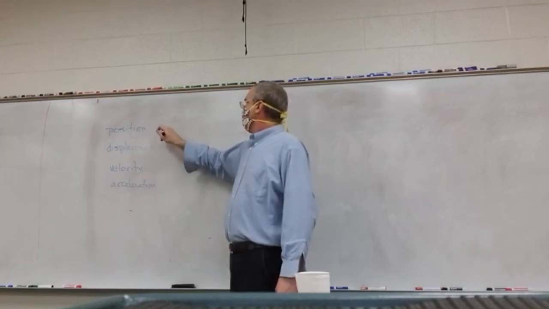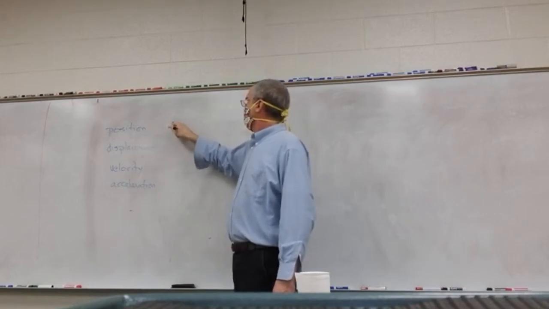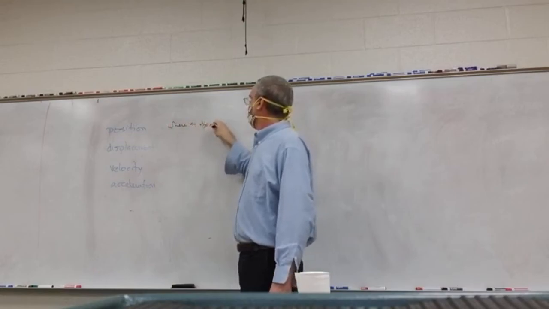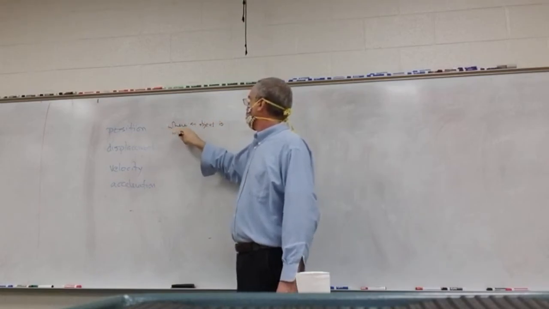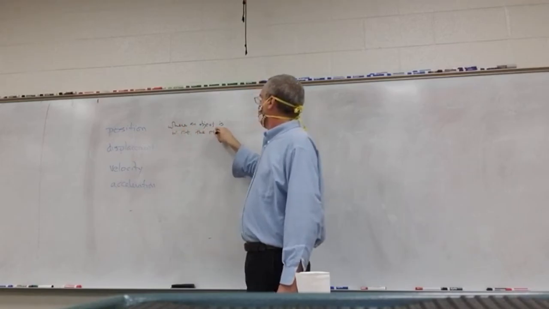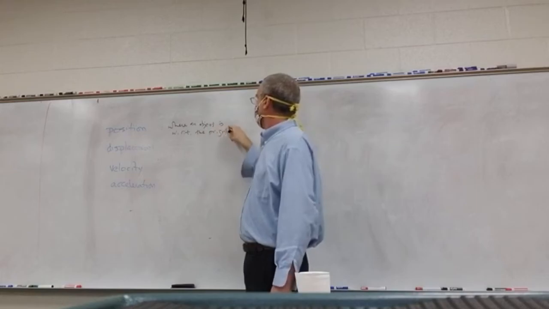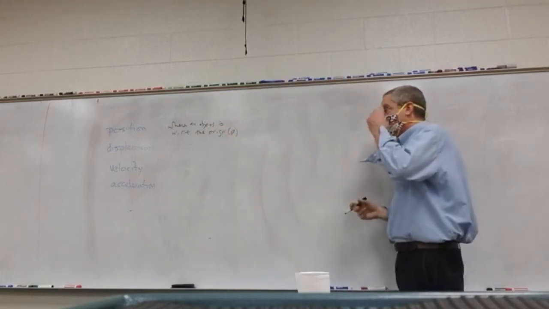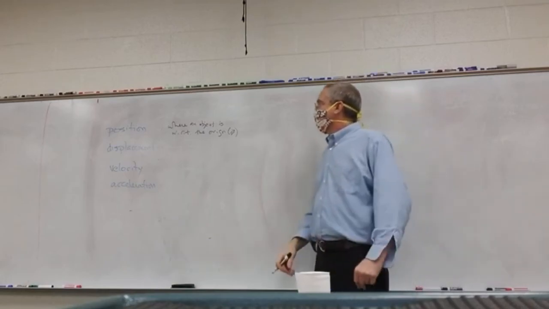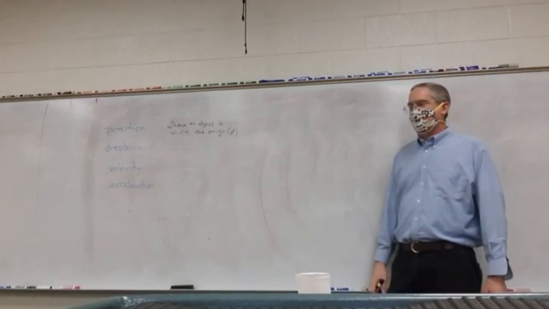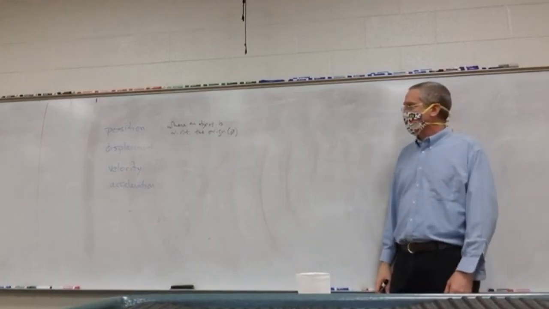So position is where an object is with respect to the origin. And I'll put in parentheses here, 0. If it's a number line, you generally don't call it the origin, even though it is. In two dimensions and beyond, we generally have something called an origin.